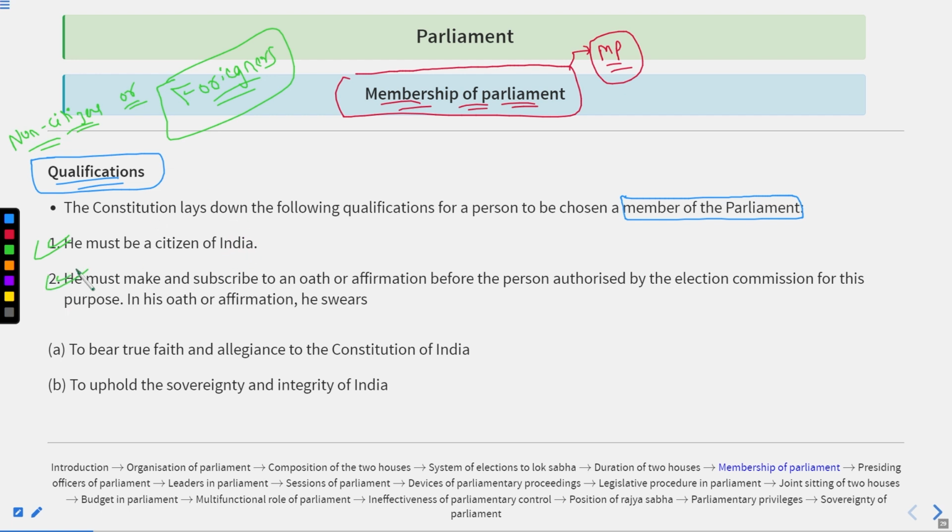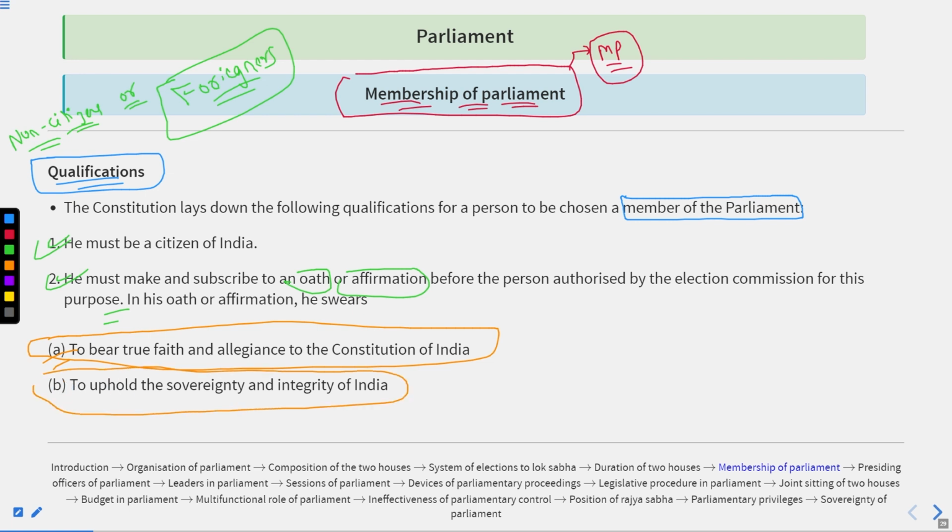Second, he must make and subscribe to an oath or affirmation before the person authorized by the election commission for this purpose. In his oath or affirmation, he has to swear that he would bear true faith and allegiance to the Constitution of India, and that he will uphold the sovereignty and the integrity of India.